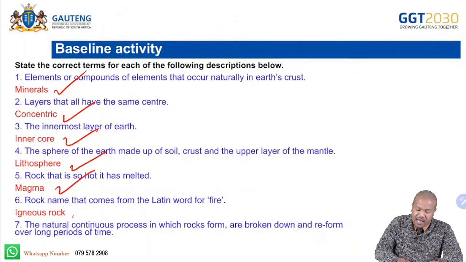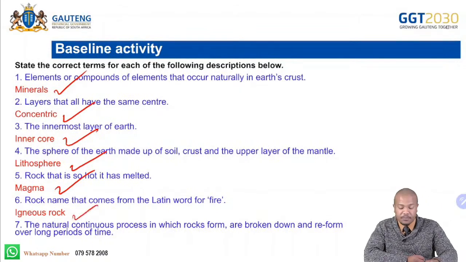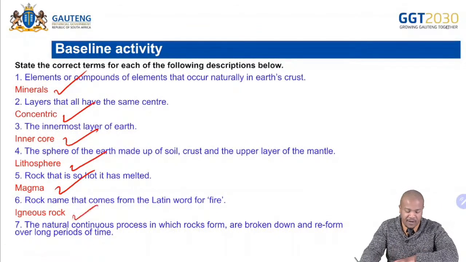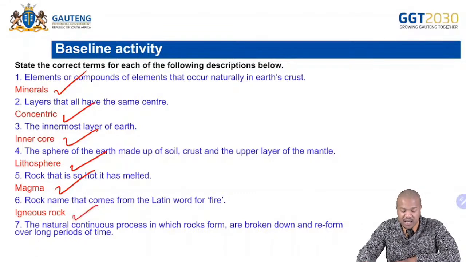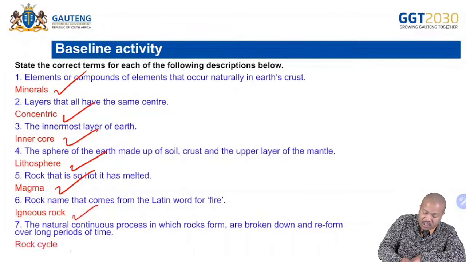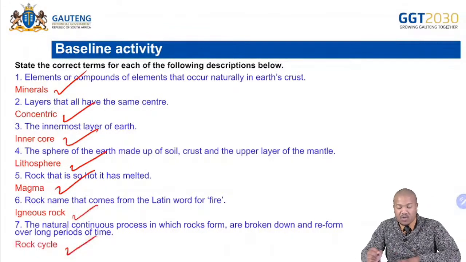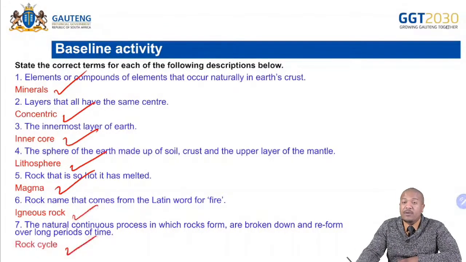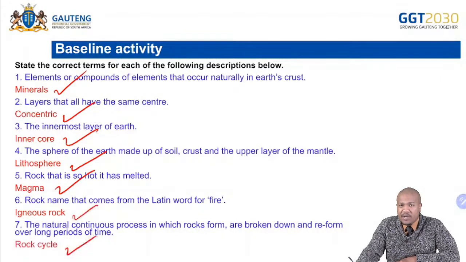Then lastly, number 7, the natural continuous process in which rocks form, are broken down and reform over long periods of time. That is the rock cycle. So now, let me give you a quick minute to copy down the corrections. Then after that, we shall continue to get into our main meal for today, which is mining of mineral resources.